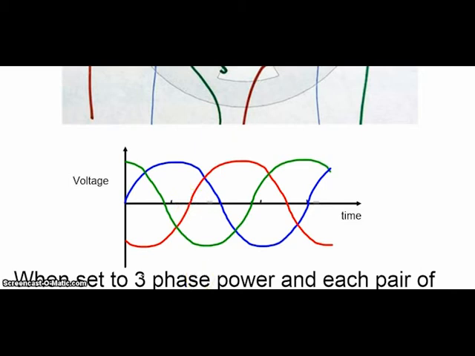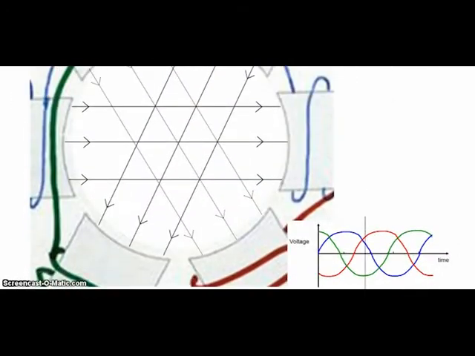So I've got a feeling that the diagram below you is at this point in time. The red coil has no magnetic field being produced. The blue one has a north pole on the left, and the green one has a north pole on the right. And so at this particular point in time, this is the field that you would get.